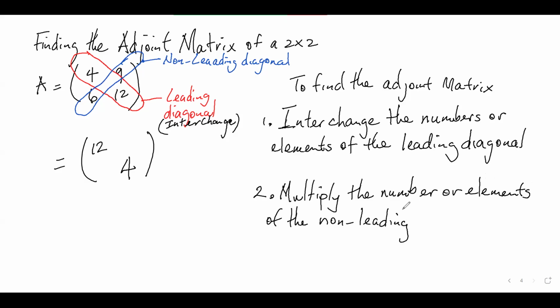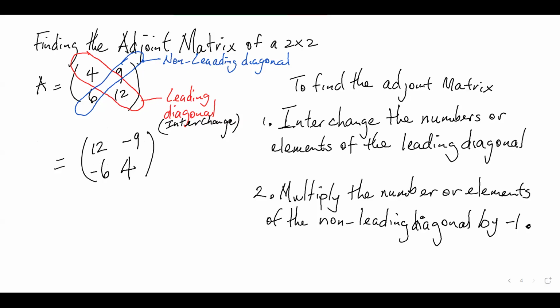Take this down, Vion. Take this down, everybody. So if this is 9, it becomes -9. And this 6 becomes -6. Now, if this 6 was negative, then it would be positive.